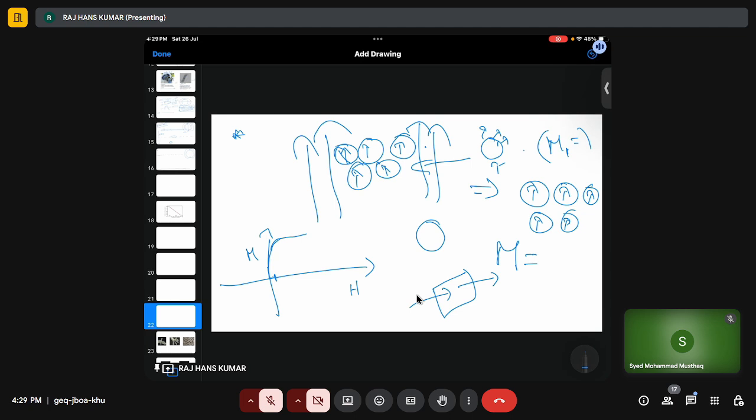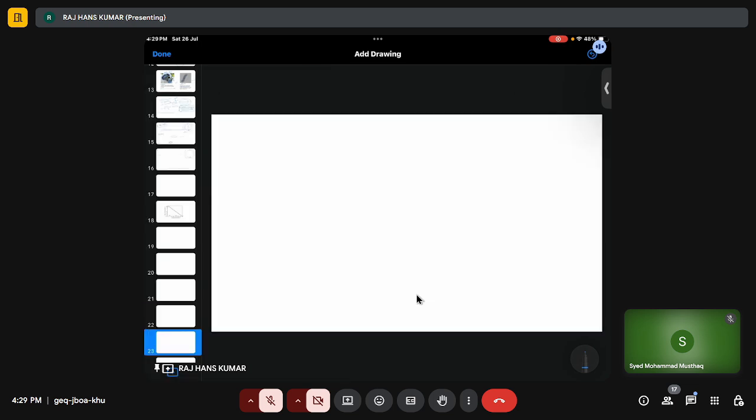Because if I have a bigger particle, then I have different domains in here. This will be looking in this direction, this one in that direction, and then we have this direction. Here you have a domain wall.